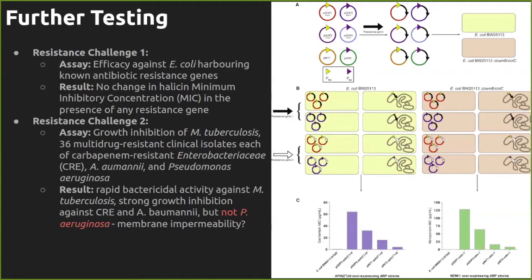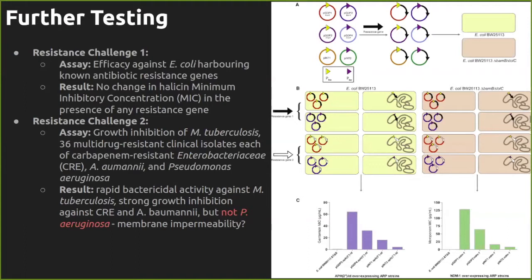Resistance challenge 2. So in resistance challenge 2, they actually had clinical isolates of some particularly troublesome bacteria, which I think they had gathered from a WHO list of the world's worst bacteria or something like that. The list probably has a different name in real life, but that was the gist.